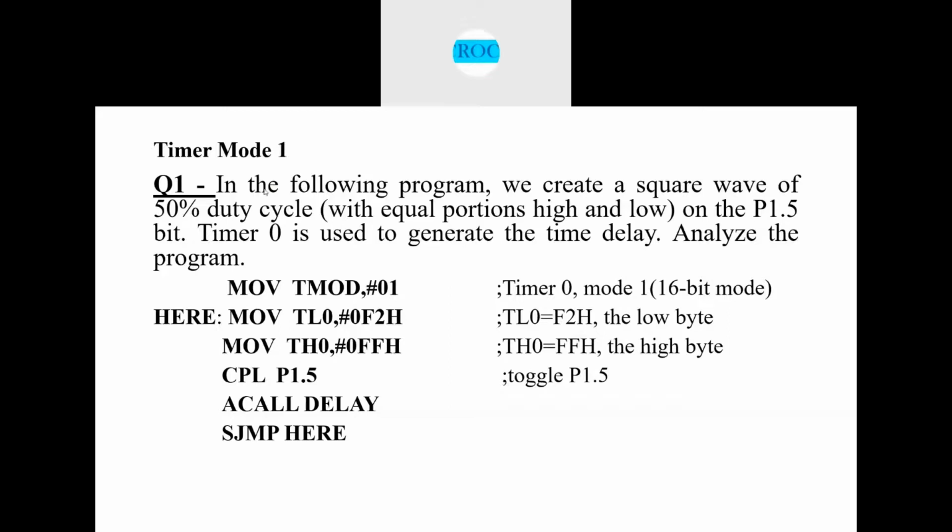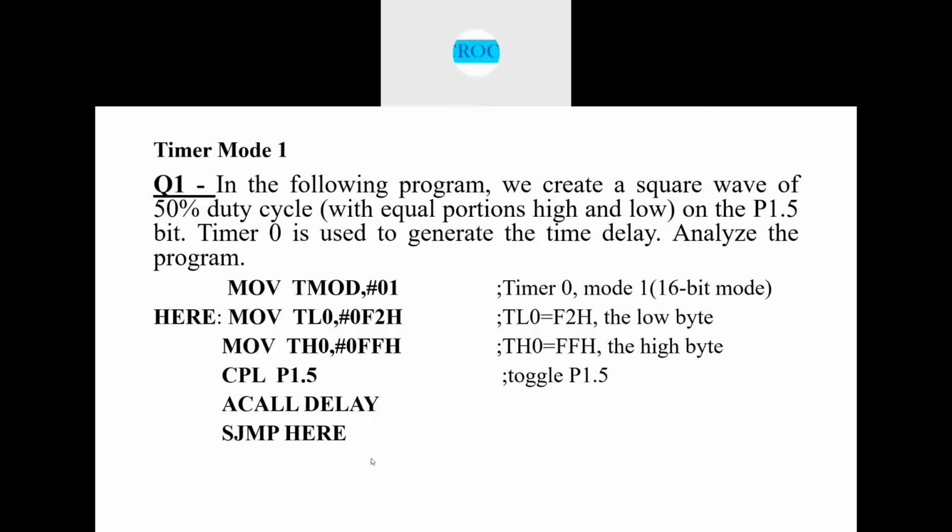When I say 50% duty cycle, it means the on period is equal to the off period. We are generating this square wave on port P1.5.